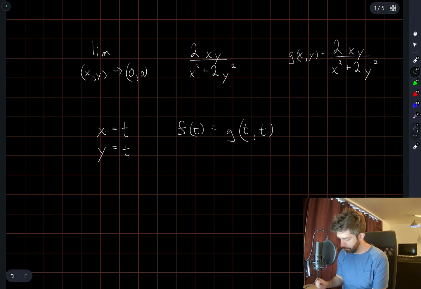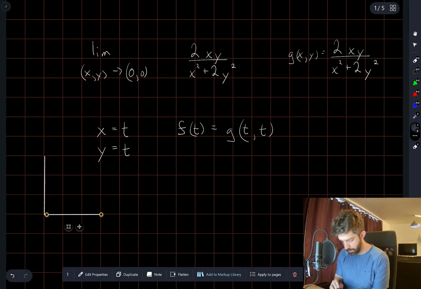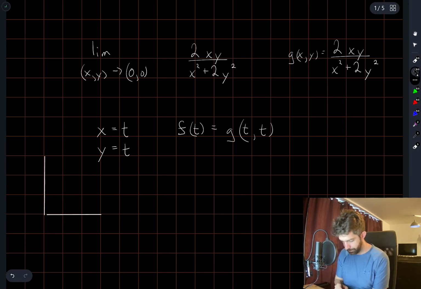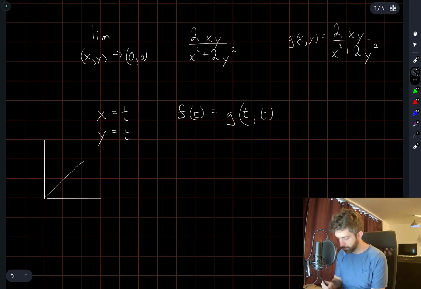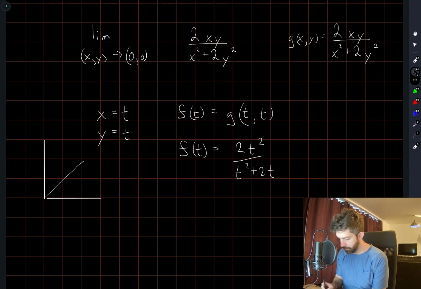So the idea here is it's like we're approaching the origin along the curve x equals y. Imagine we're moving down this curve towards the origin. We want to look at what happens to the value of this function. Then f of t is equal to 2t squared divided by t squared plus 2t squared, which is clearly just 2 over 3. So in fact it's a constant.